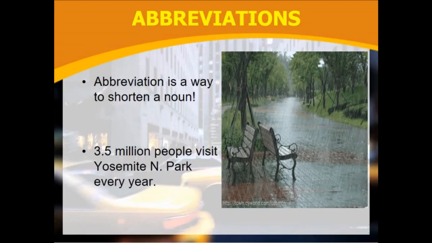I wrote it as N for national. So it's supposed to be a national park, but I abbreviated. I wrote the short form of the word national as N. This is what we mean by abbreviation.